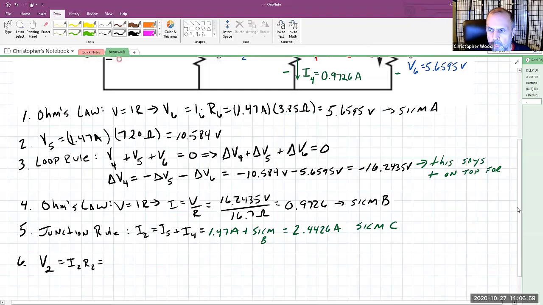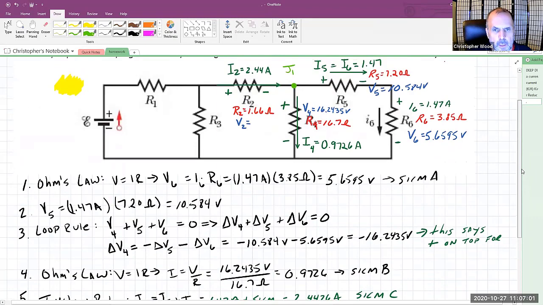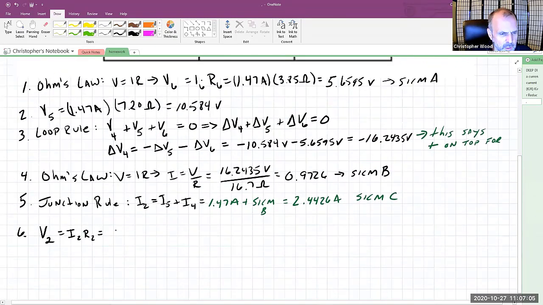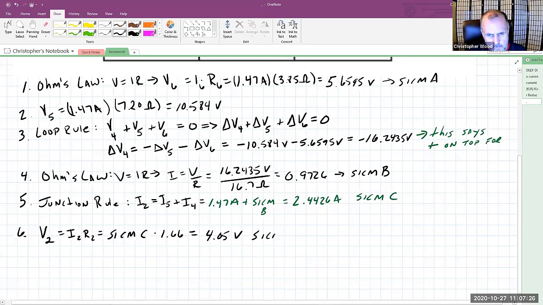The current going through resistor 2 is store C. So I'm going to do C times R2, 1.66. Multiply that times 1.66, 4.05 and some change. 4.05 volts, store alpha D.